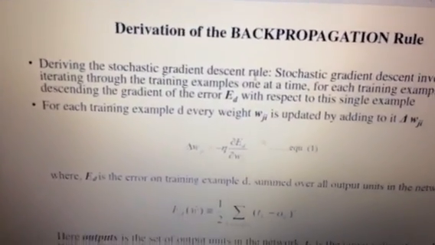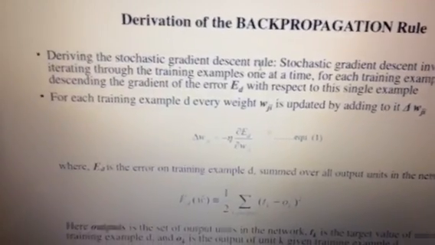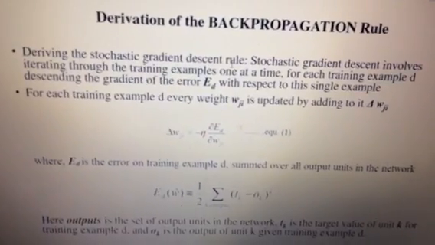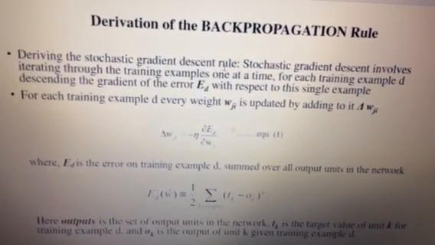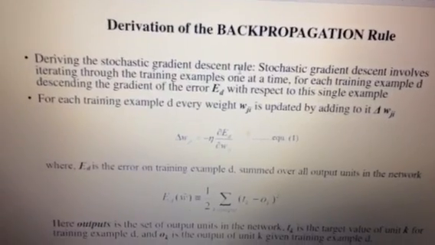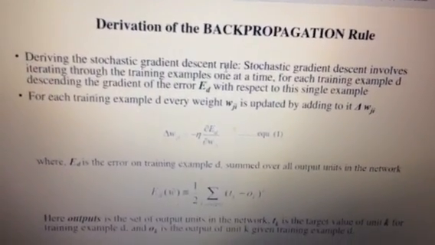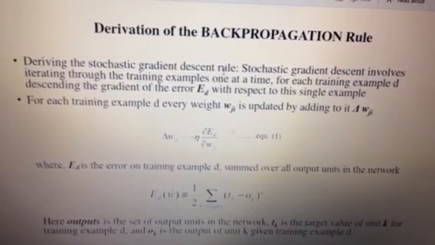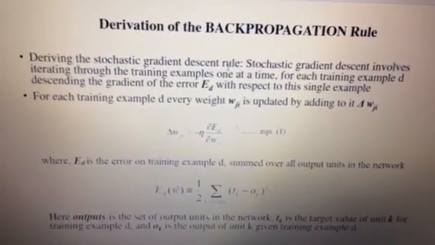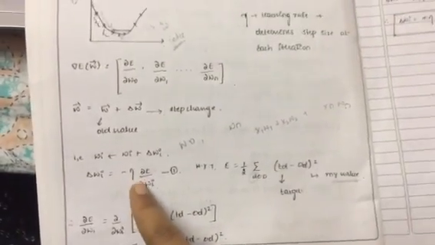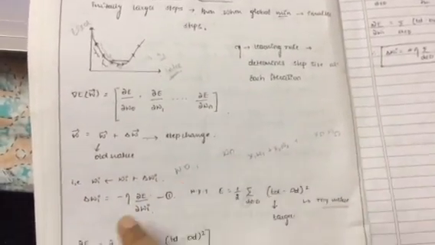So here the negative sign indicates that it is a stochastic gradient descent, that is, descent indicates we are finding the global minimum error, so that we get the best weight. So that's why there is a negative sign here, and eta indicates the learning rate. So we know that this is the derivation of gradient descent that we have done.